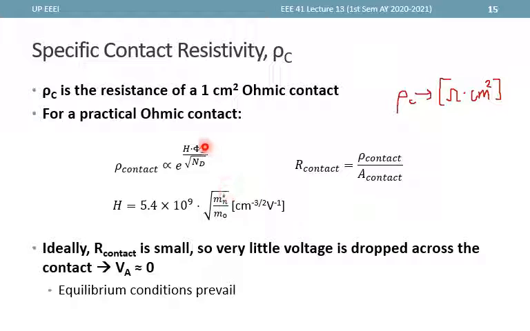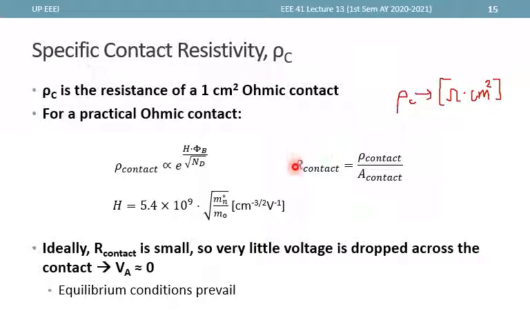So if we decrease the barrier height, then the resistance decreases, which is what we want for our ohmic contacts, although we don't have much control over this one. So we can simply increase the doping concentration to decrease the contact resistivity. If we have some cross-sectional area, the resistance of that contact can be obtained by dividing by the cross-sectional area. So the larger the cross-sectional area, of course, the less the resistance.